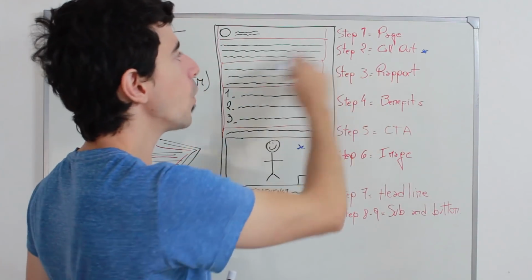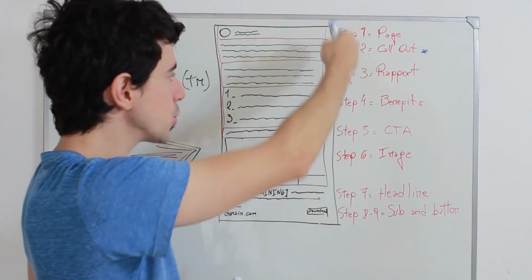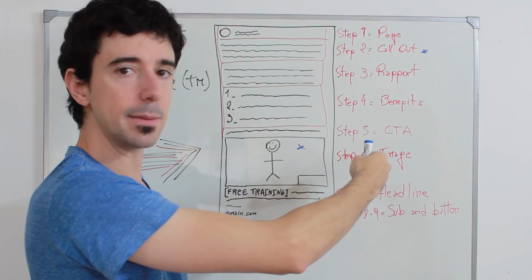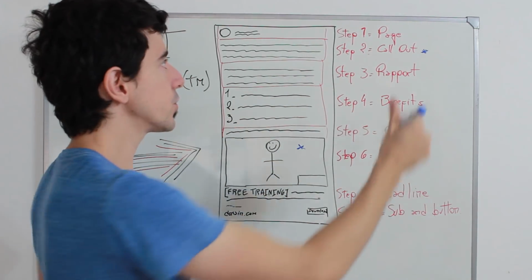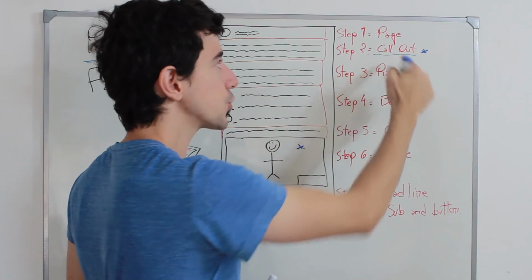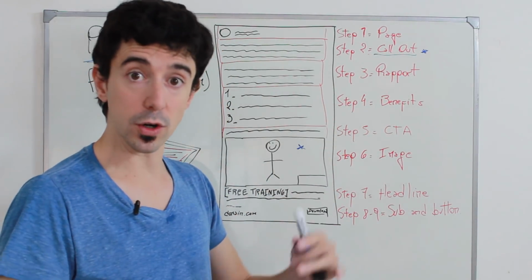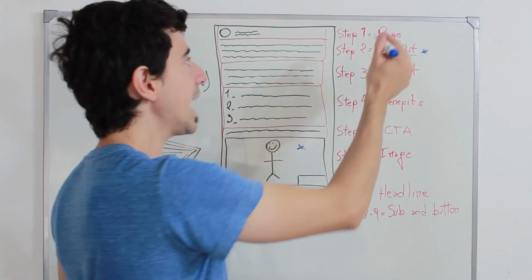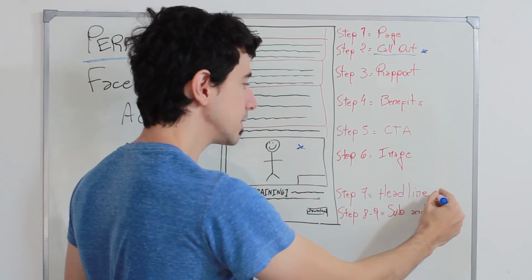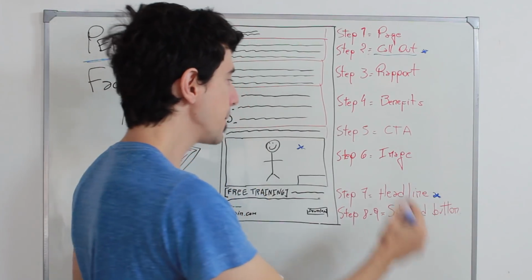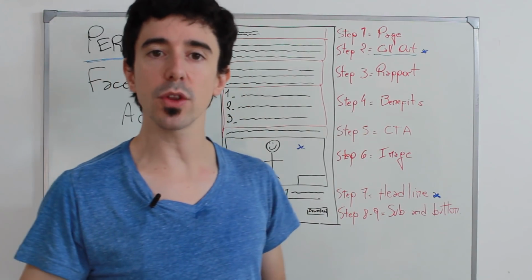Because it's the number 1 thing that will make them, if you're doing long copy like I am, they will need to click on the see more, right? So these will trigger the see more, the click. So if I have a good call out, a good image, and then a good headline right here, right? These will be the 3 things that will give you the most results.